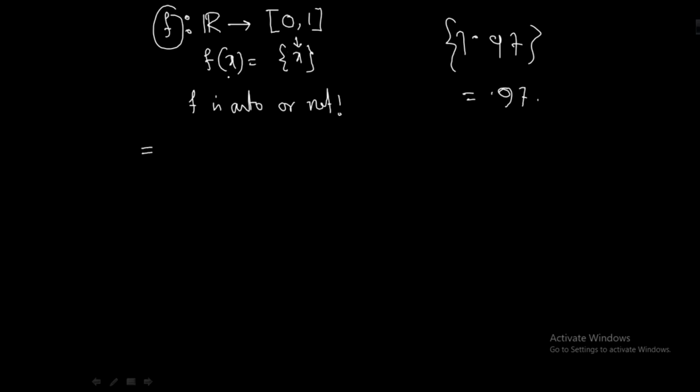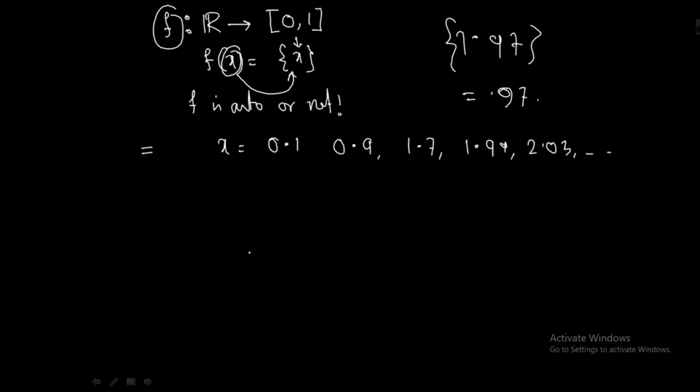This is the function which maps any real number to its fractional part, right? So fractional part means what? Suppose let us choose some real numbers: 0.01, 0.9, 1.7, 1.99, 2.03, and so on.